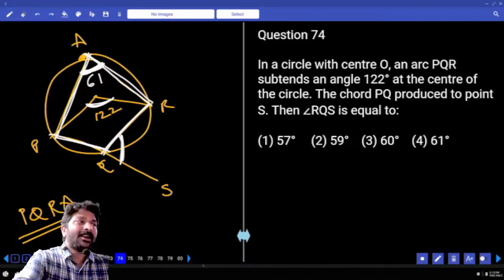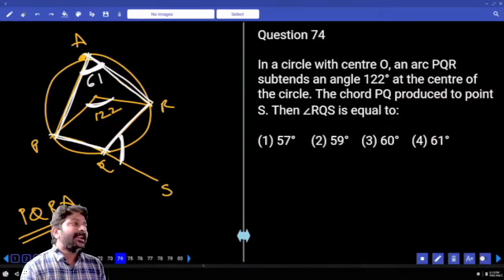A cyclic quadrilateral కి interior angle ఉంది కదా? ఏకి ఆపోజిట్లో ఉన్న పాయింట్ ఏంటి?